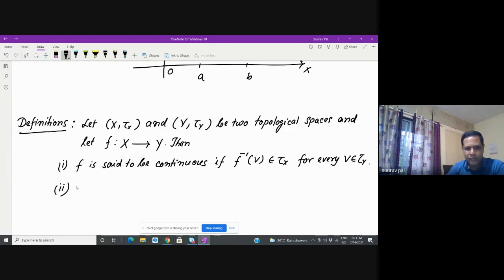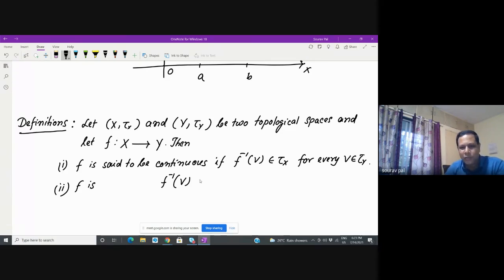Number two, f is said to be continuous at a point. So what is that? Inverse image of an open set is an open set. This is what is continuity. So f is said to be continuous on the whole space X if for any open set V on the right hand side, the inverse image f inverse V is open. I don't claim that this function is invertible or bijective.